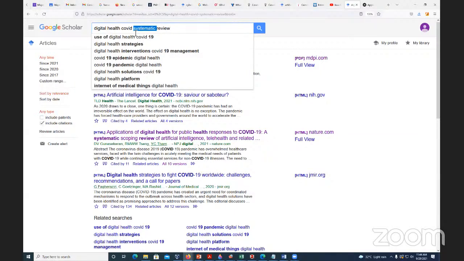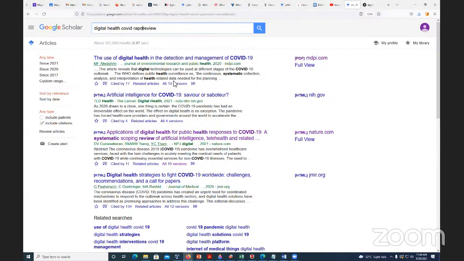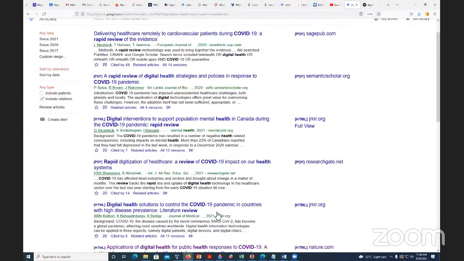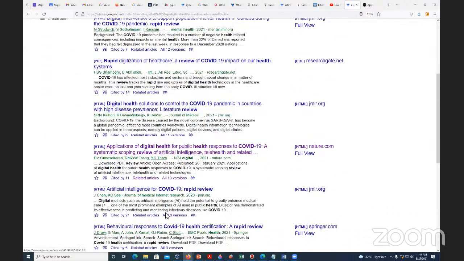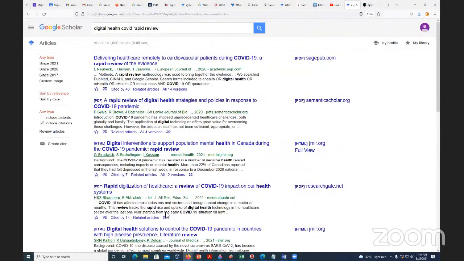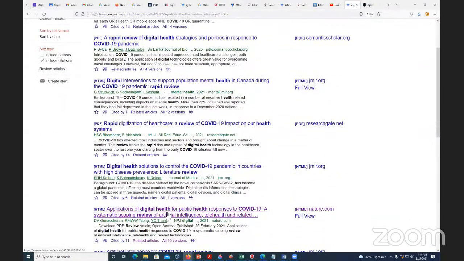So since I did not see any systematic reviews, I decided to change my search to rapid review because I know that rapid reviews are more likely. I'm just trying to find a systematic review or a rapid review or a scoping review. There's another one called an umbrella review. I'm trying to find a review that would be very useful for the paper.